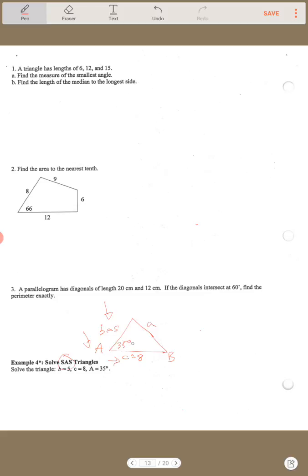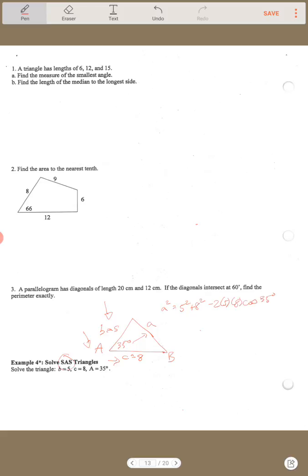So we're going to say that with this angle here, we go opposite of that. So therefore we see a squared is equal to 5 squared plus 8 squared minus 2 times 5 times 8 times cosine of 35 degrees.